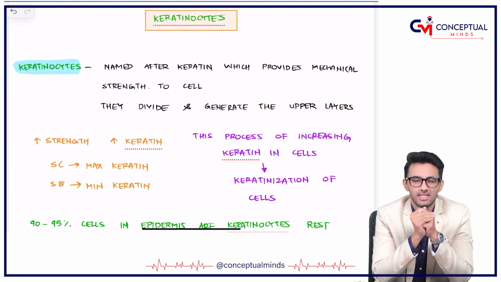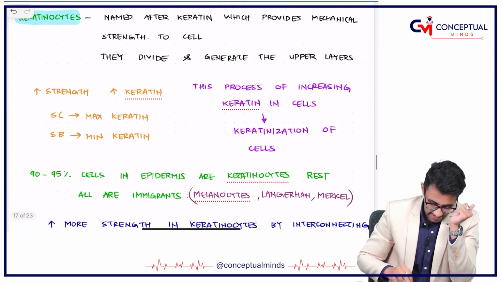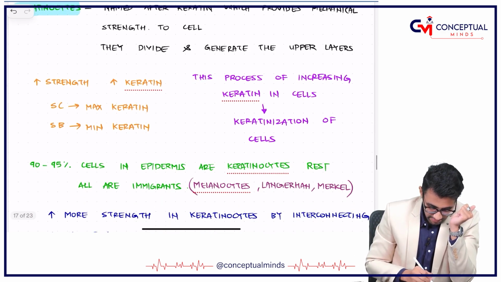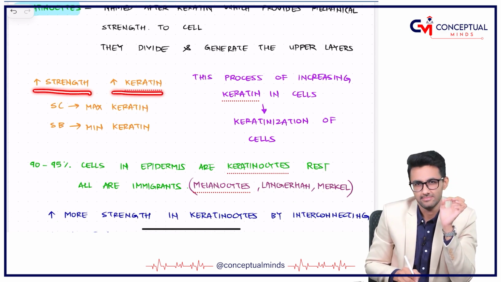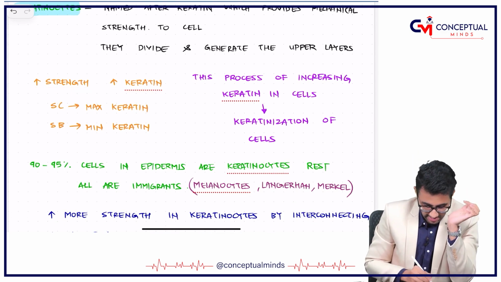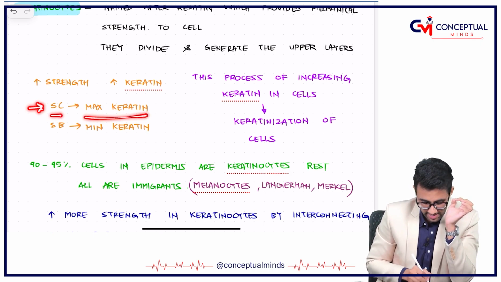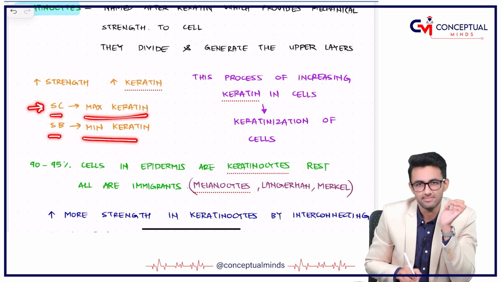Keratin provides strength to the cell. So there is an increase in strength with an increase in keratin. Simple. In the stratum corneum there is maximum keratin, and in the stratum basale there is minimum keratin.